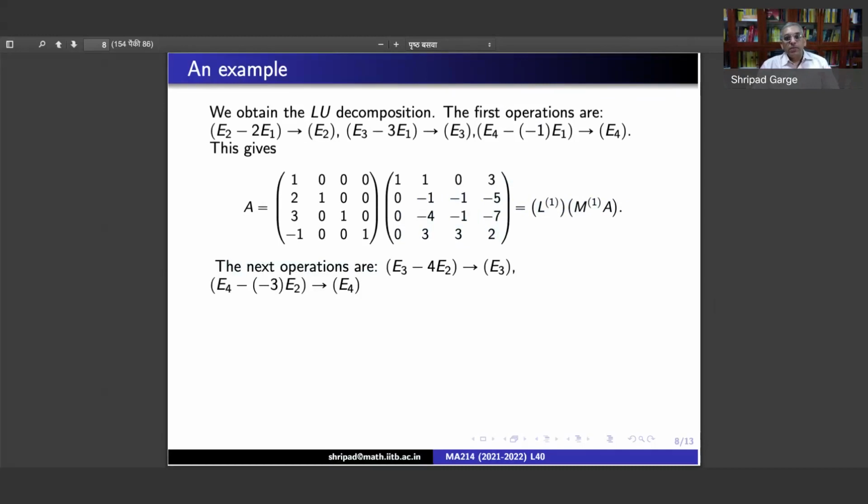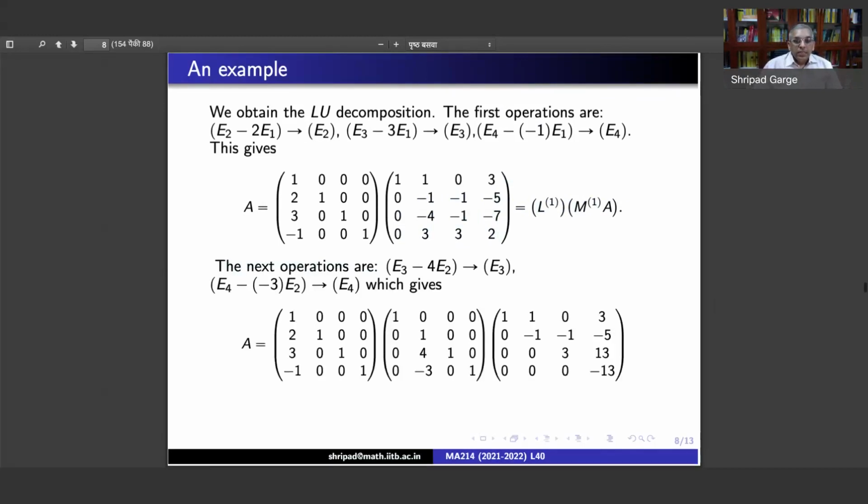So these are the next operations. So they will give us, this is our L1, the matrix L1, which we have not changed at all. This is the matrix L2 here. And this is the M2 M1 A. And luckily, it is already an upper triangular matrix.